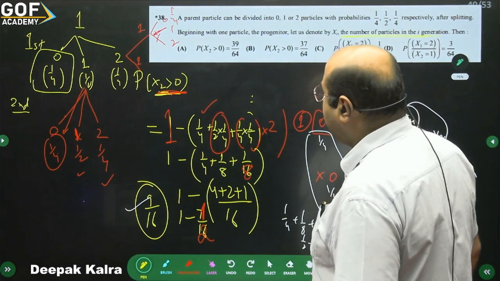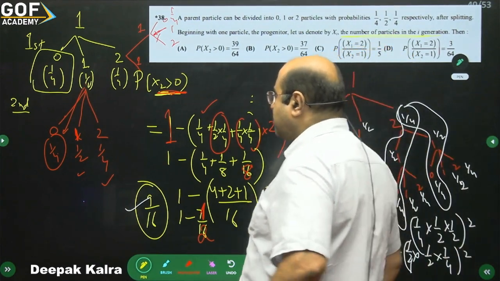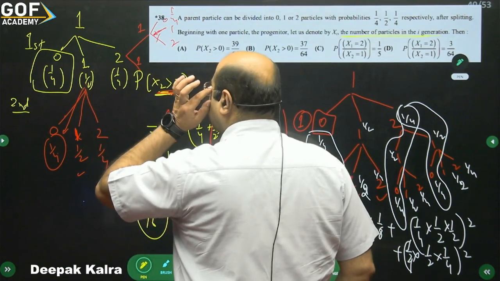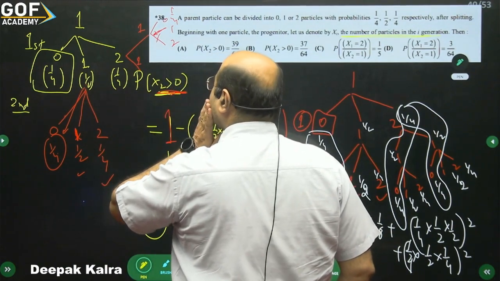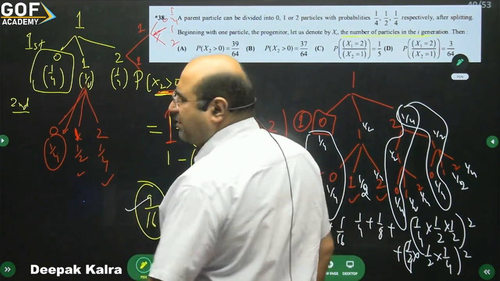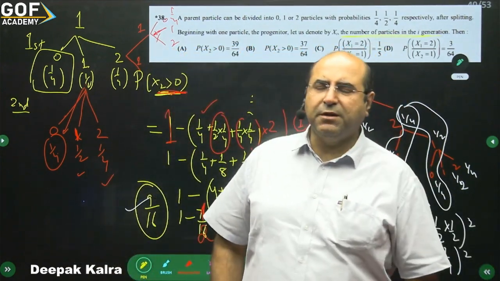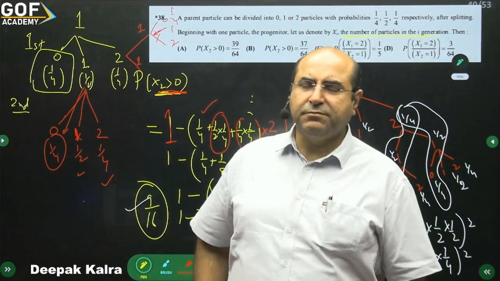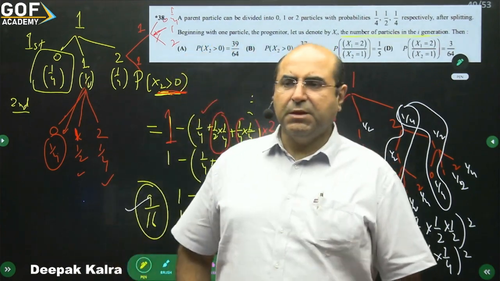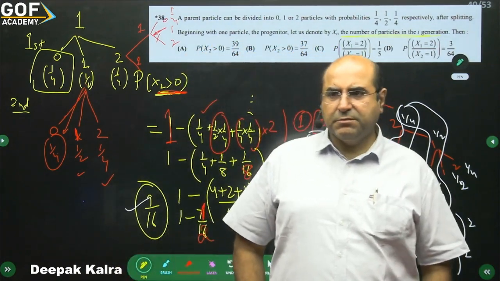If one particle is there, it gives birth to two. I guess this is correct. Anyhow, okay. Try to start. Go ahead. There are two questions. Then we'll review again. Any other one? Let's go to the next.